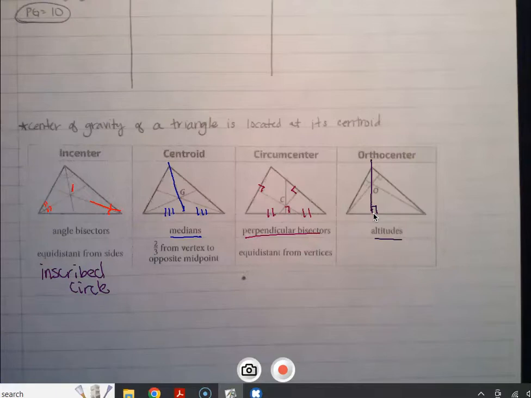What's the other one you haven't said yet? Yes, this is the circumcenter, which gives you the circumscribed circle.